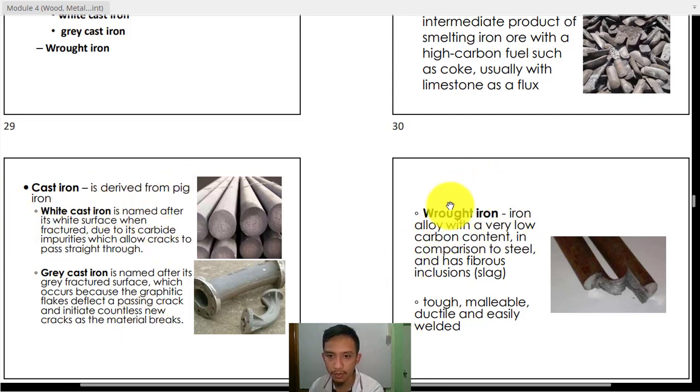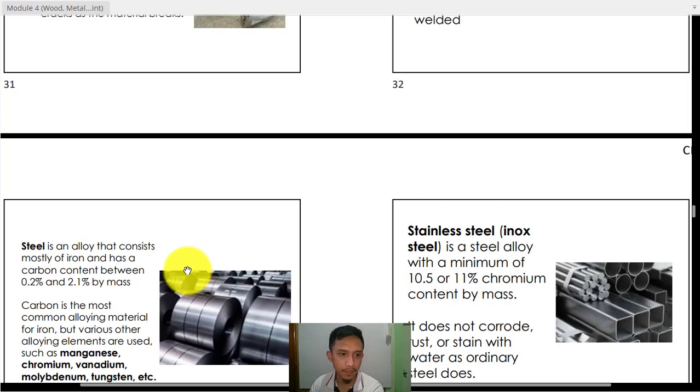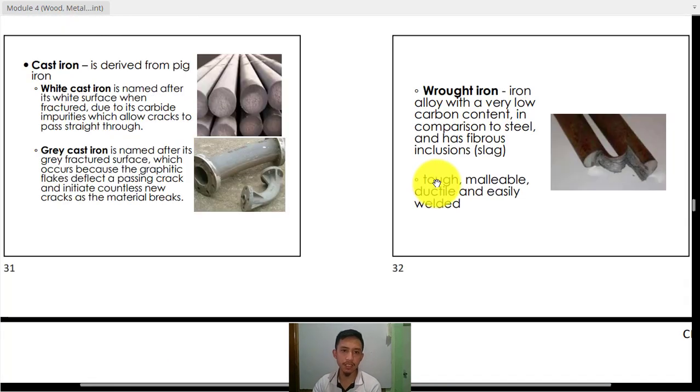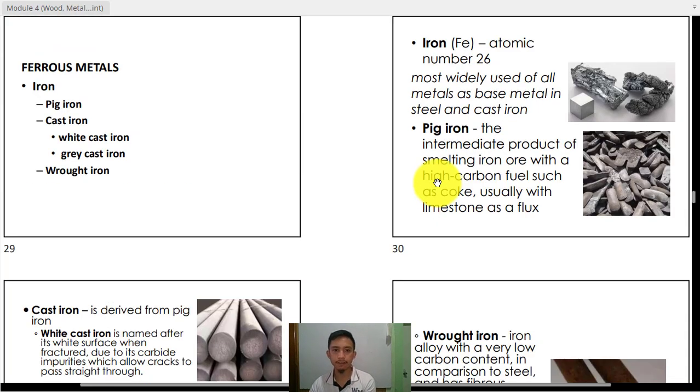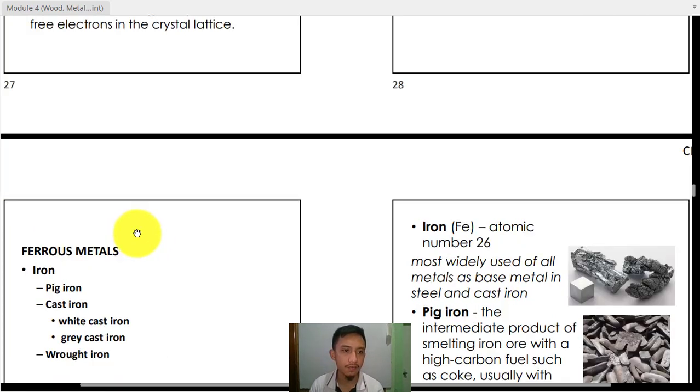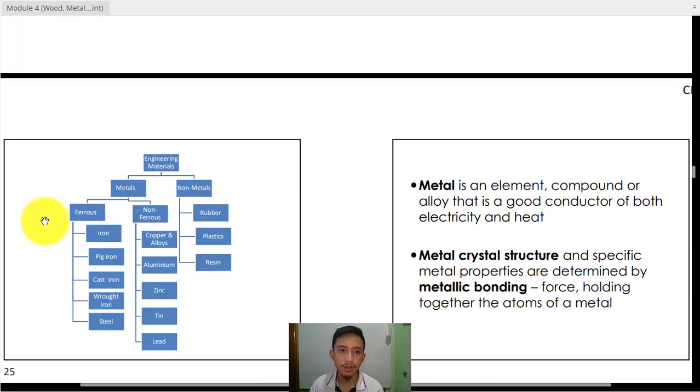We have here what we call wrought iron, and then the steel. This is the common steel. And then stainless. What is the big difference between a ferrous and a non-ferrous metal? Of course, as I've said, it is whether the metal contains iron or not. But what is the effect of that?